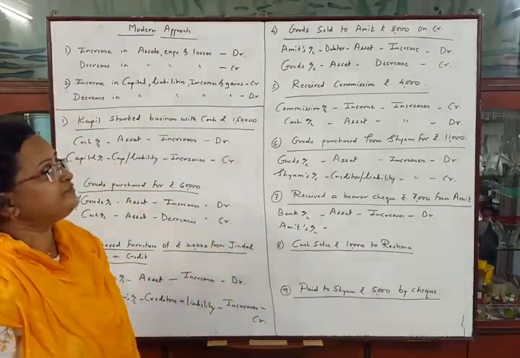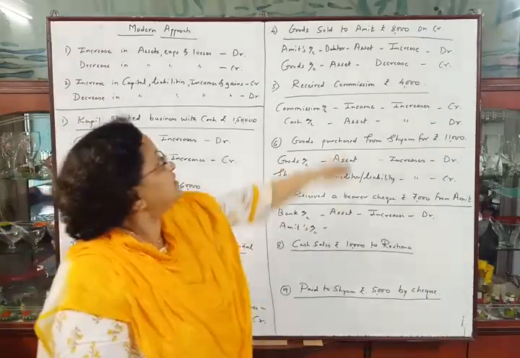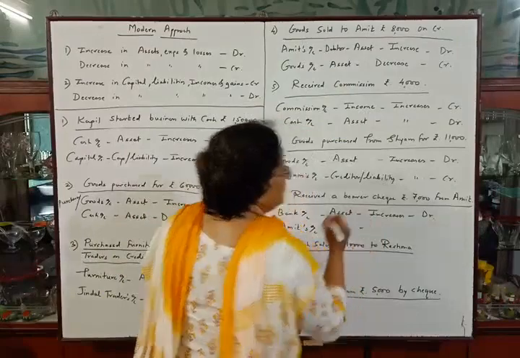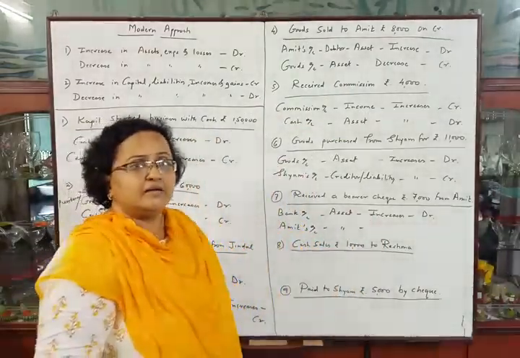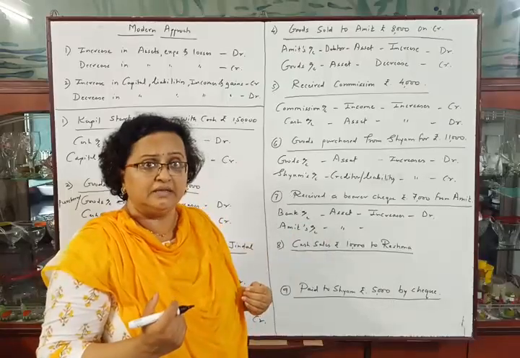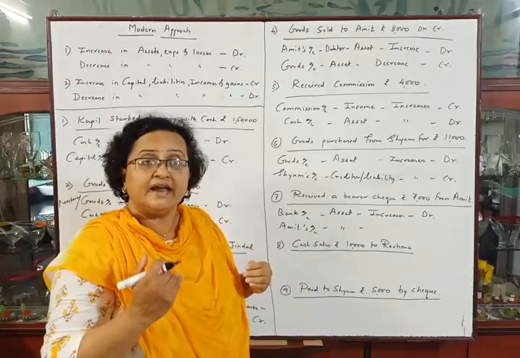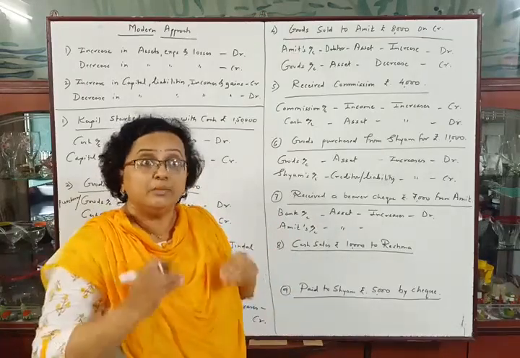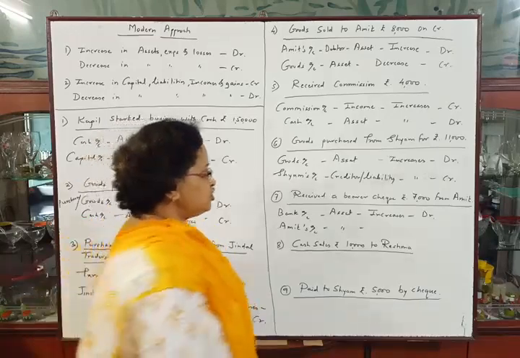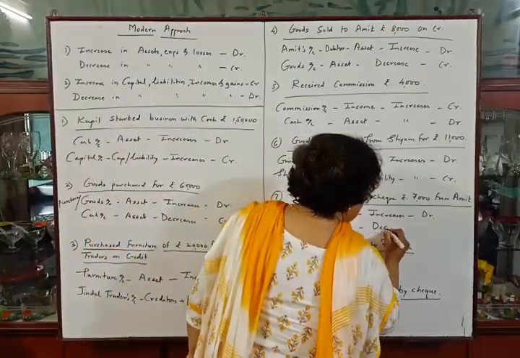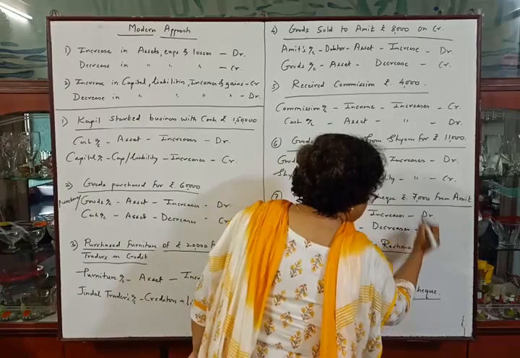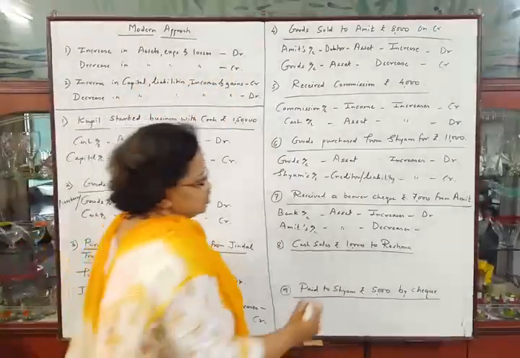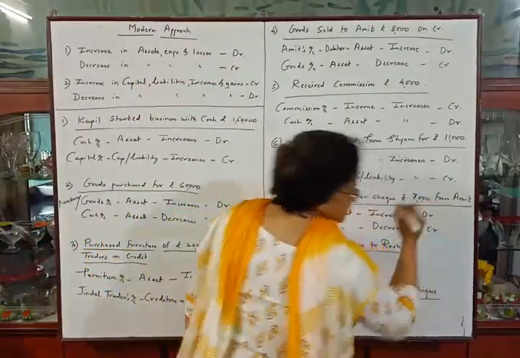Now Amit's account, we know that Amit is our debtor, that is our asset, and when we receive cash from Amit, our debtor's asset will decrease. Okay, means receivable amount कमी होईल आपली, लक्षात आलंय, so decreases. Okay, and decrease in asset should be credited, so we have to credit Amit's account here.